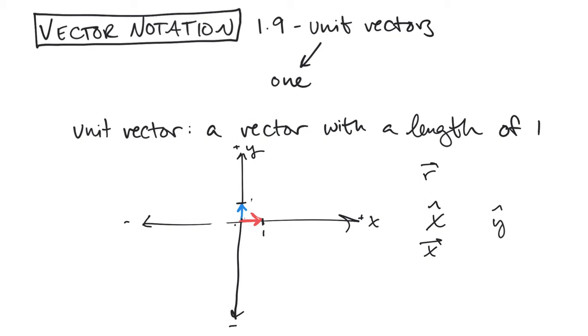Y hat is the y unit vector, whereas y with an arrow would just be some other regular vector. So arrow is just a vector, hat is a unit vector. So what this means is that we can take any vector and write it in terms of those two things. We'll see that here in a minute. But before I go on, there are two other special names for these unit vectors. Okay.